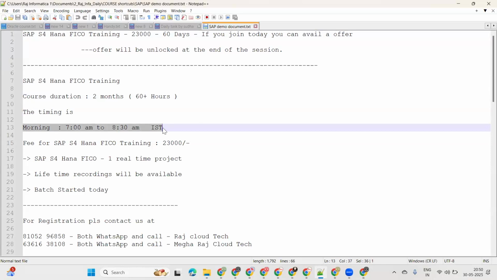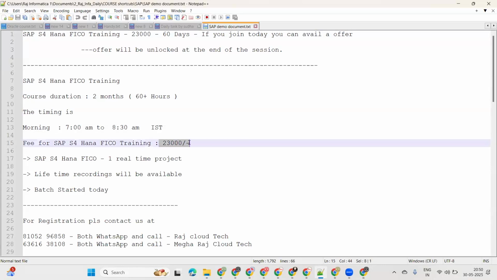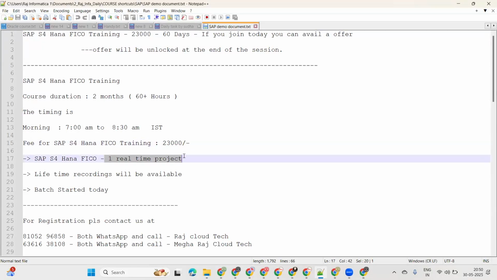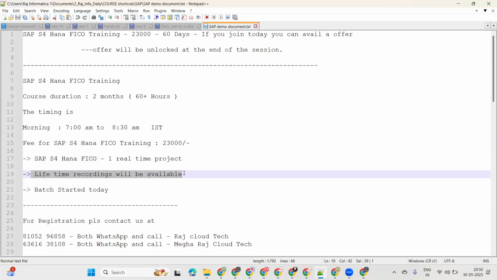These are our class timings. The fee structure for this course is 23,000 rupees. We are going to cover one real-time project in this, and we are going to provide you each and every session recording, and the material, both will be provided to you for lifetime.